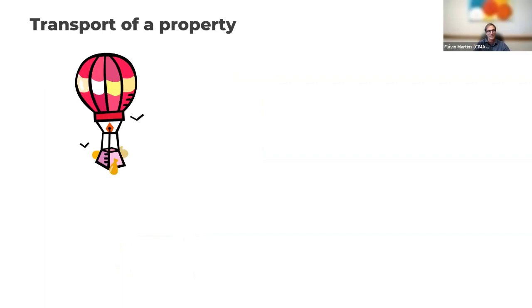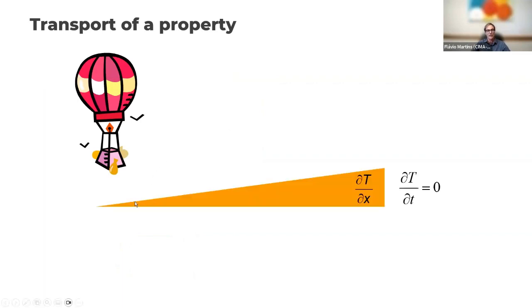But now let's think of a different experiment. Imagine the balloon is located in a place where the temperature doesn't change in time, so it's constant in time, but it has a spatial gradient. The temperature changes in space. If the balloon is static, the change of the temperature measured in the balloon is equal to the change of the temperature in time, so it's zero, it doesn't change if the balloon is static.